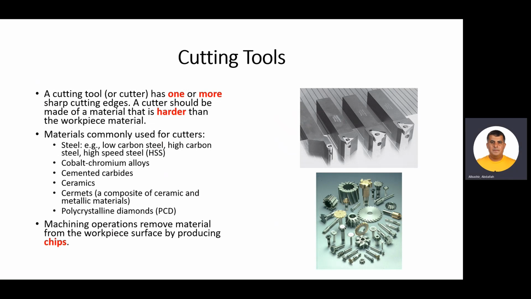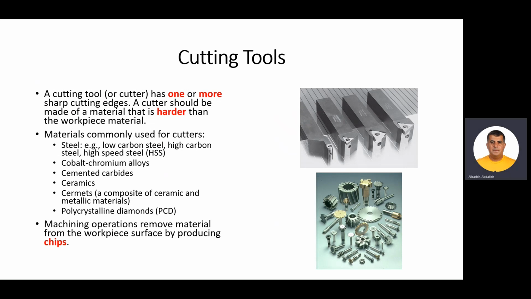A cutter should be made of a material that is harder than the workpiece material, or else it will break. Materials commonly used for cutters are steel, low carbon steel, high carbon steel, and high speed steel. The high speed steel is very common.